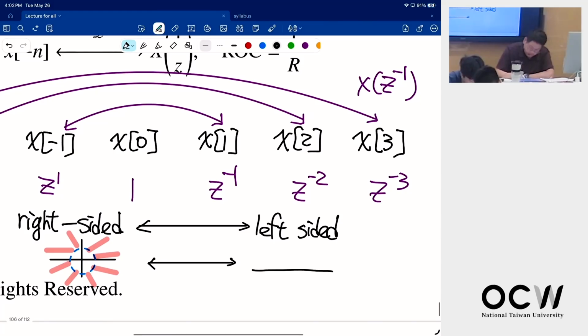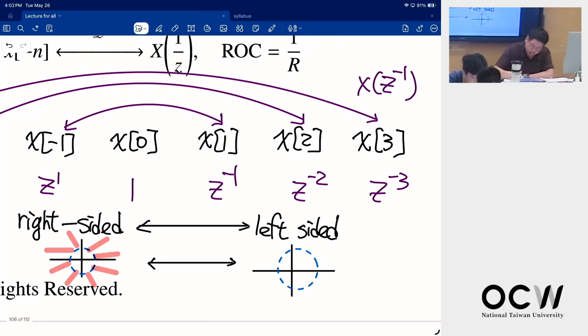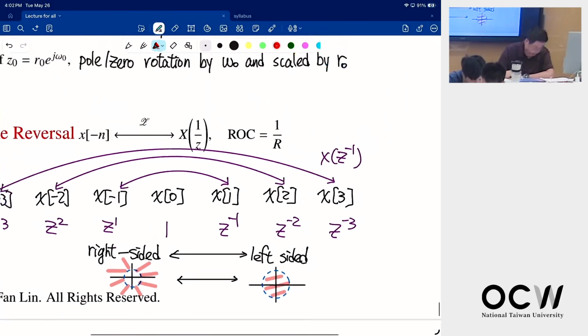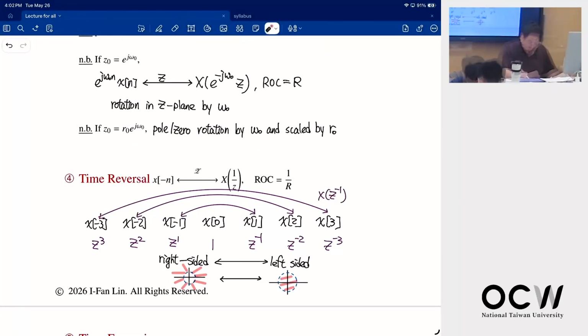So for the left-sided signal, the region of convergence is inside.